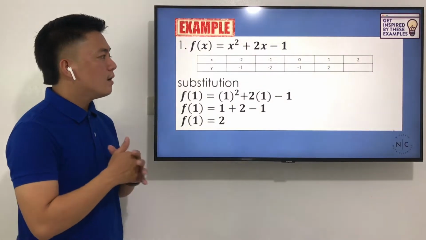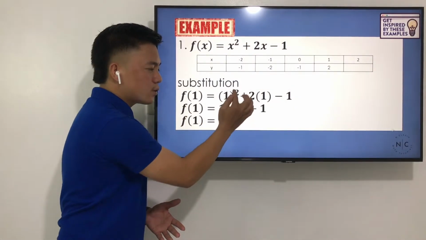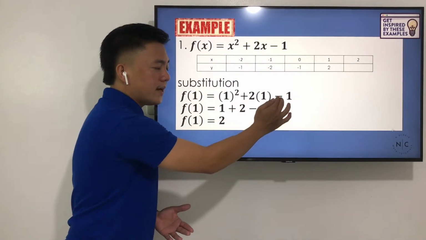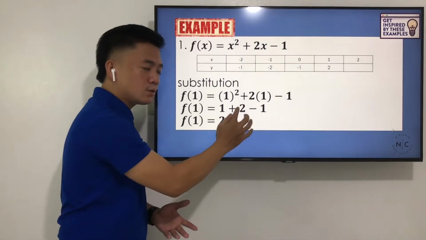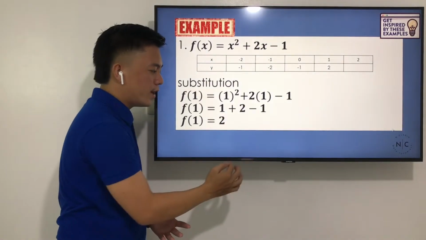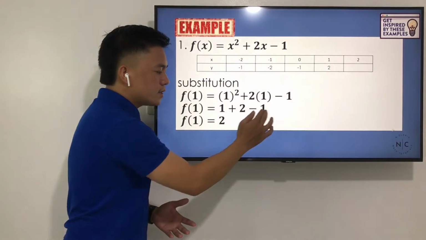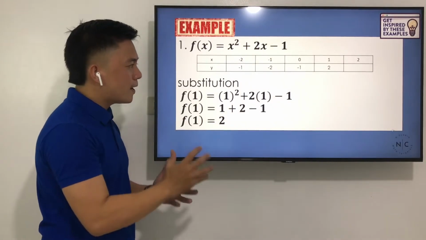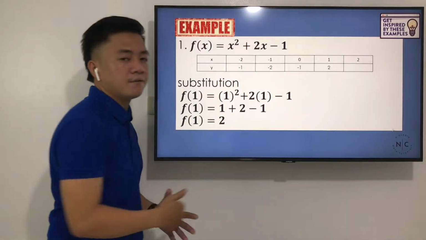Next is, whenever x is 1, so substitute natin, 1 squared plus 2 times 1 minus 1. So 1 squared is 1, and then 2 times 1 is 2, and then bring down negative 1. Kung i-equate natin to, 1 plus 2 is 3, minus 1 is 2. So kapag si x is 1, yung y natin is positive 2.